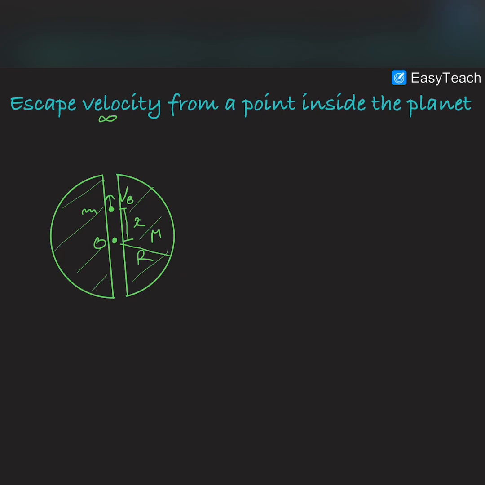So the work done against gravity will again be m delta v, where delta v is V of infinity minus V of this point.